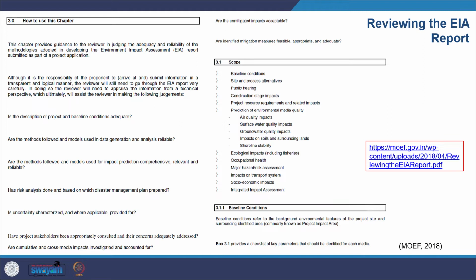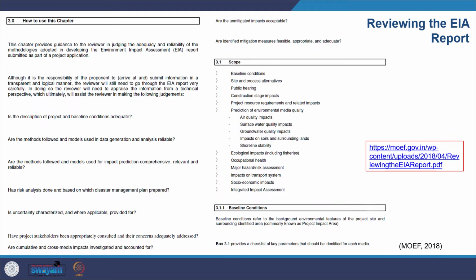So whenever you make a judgment about which models and methods to use, you need to have a strong understanding of their relevance, their reliability, and what kind of information they would give. And then, has the risk analysis been done, and based on which, the disaster management plan is prepared?